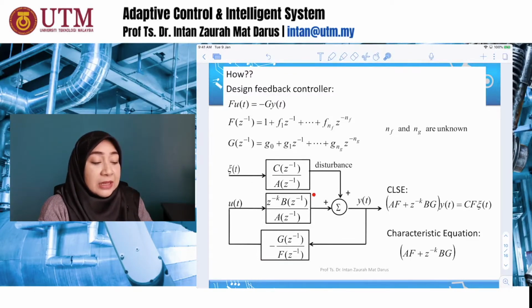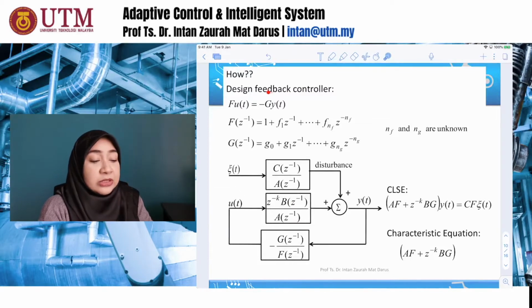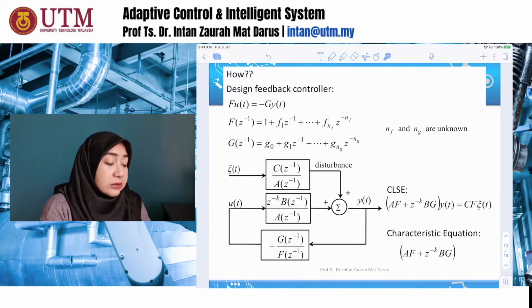Before it was just z^-k B over A. But now, with the added controller, it is changing. Yt comes from this output, which equals z^-k B multiplied by u, but u already has this equation where F multiplied by u equals G multiplied by y. Then you're going to have this closed loop system equation.